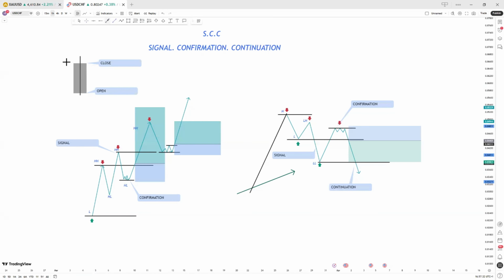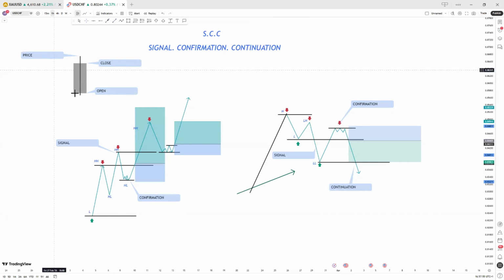Now do you see this wick right here? So the wick is where price got to before rejection. This is where price goes to at a certain point of trading time.